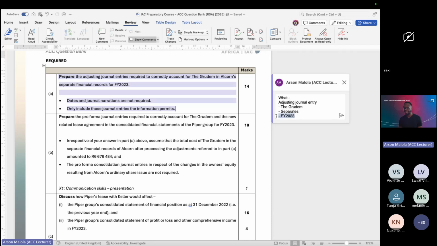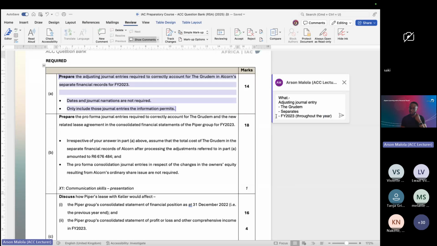Now, that context is important because ultimately what you usually see is you sort of focus on the initial acquisition of the Grudem journal, but forget things that happen after the fact. That's why the timeline becomes quite important. So I'll put here throughout the year. So what are we talking about here? We're talking about that deferred consideration, right?